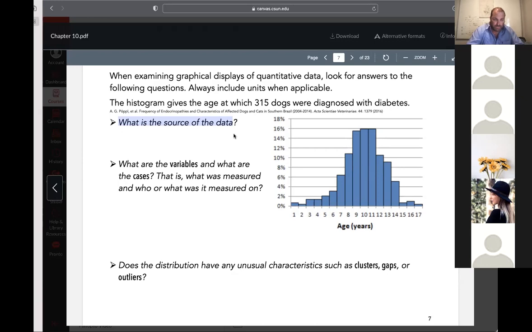Somewhere in southern Brazil. Yeah, okay. Whoever did the study picked dogs in southern Brazil, and the name of the article or the name of the magazine that it was published in is certainly not English, but it doesn't look Spanish.